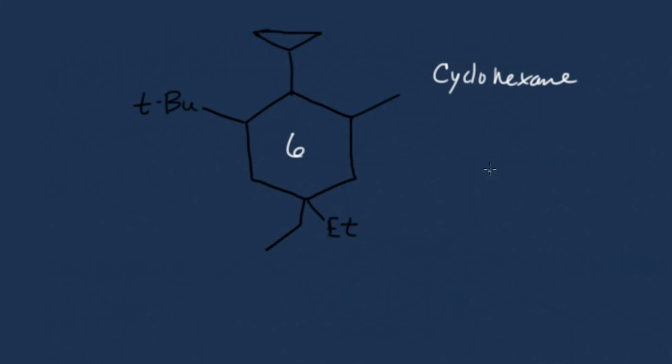Okay, so now we need to identify any substituted groups. Well, we have a methane group that's substituted over here, and so I'm going to call this our methyl group. Notice also that over here, I'm going to do a diamond. We have some ethyl groups. So at the diamond, we have 2 times ethyl.